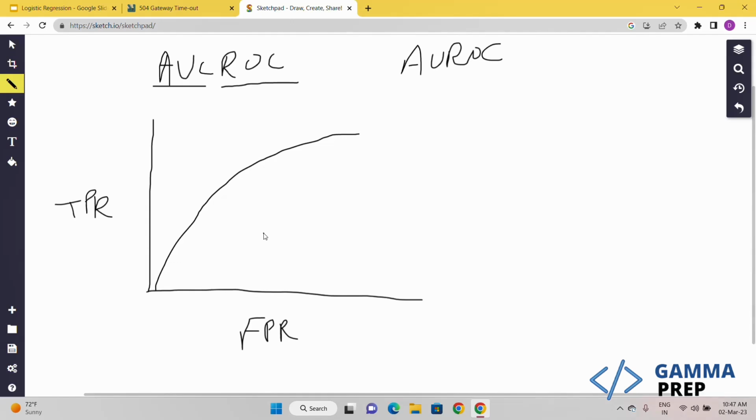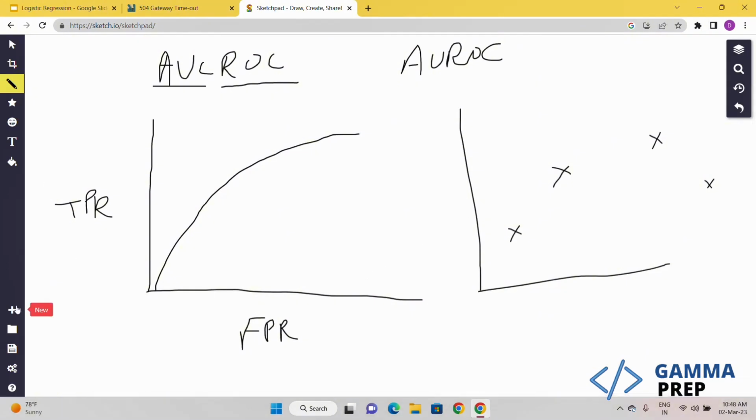If you change the thresholds, your TPR and FPR are going to vary, and you're going to draw a plot between TPR and FPR for different thresholds. So let's say for one threshold it was this, for another threshold it was this, and so on.